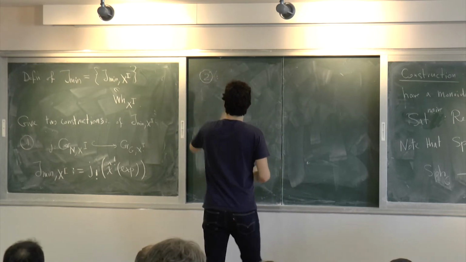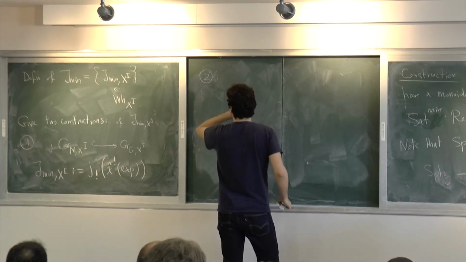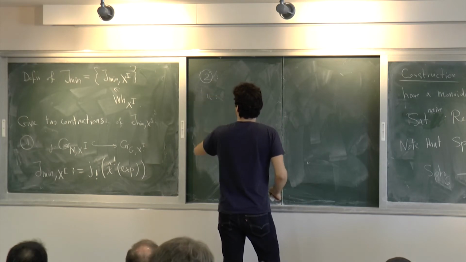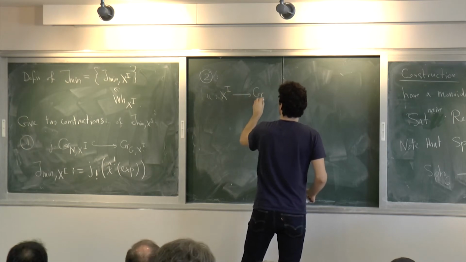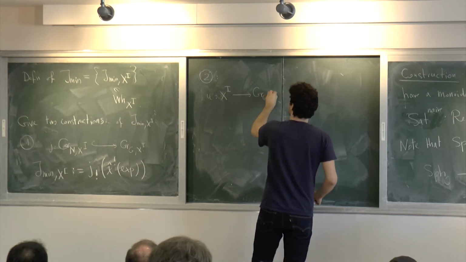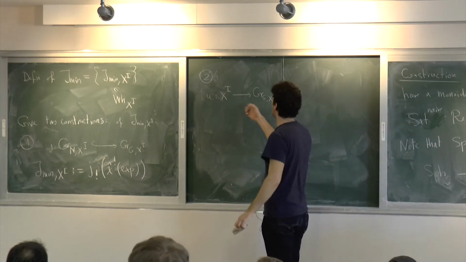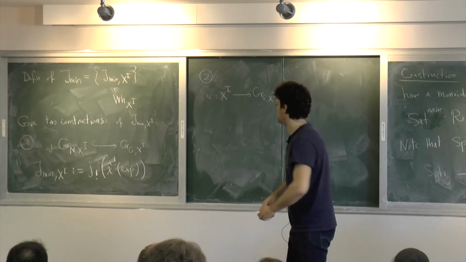Second construction. I have a section map that I call u from xi to the Grassmannian for G over xi. That's the trivial map that associates the trivial bundle with the obvious trivialization.